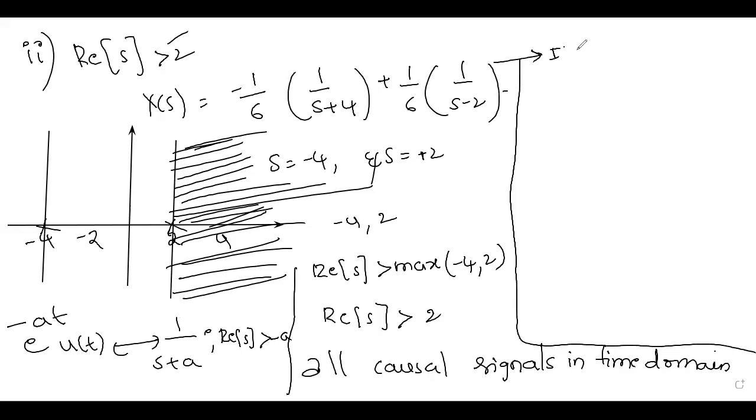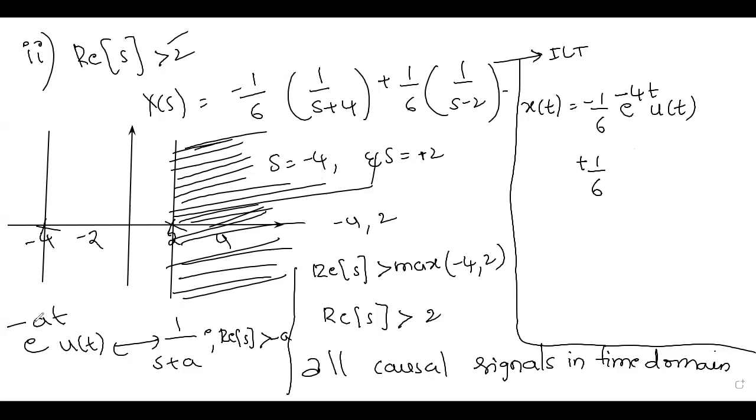Apply ILT on this. Then x of t equals minus 1 by 6 into corresponding function e power minus 4t into u of t, plus 1 by 6 into, in place of a, what we have? Minus 2 is there here, isn't it? This can be written as s plus of minus 2, so s minus 2 is there.